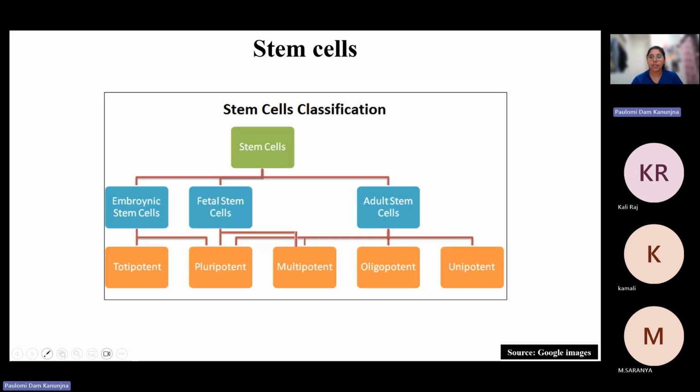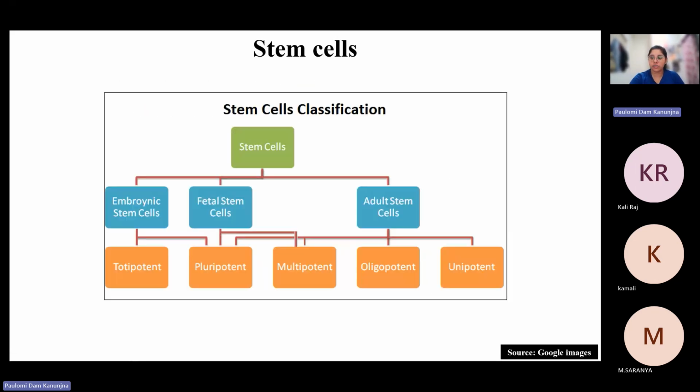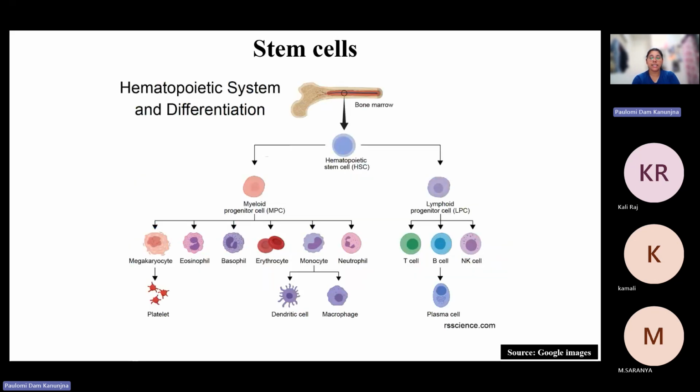Okay, now, like I said, an example of the multipotent cells. I told you two examples, hematopoietic and mesenchymal. One example I'm showing here, hematopoietic, is in bone marrow. You have hematopoietic stem cells giving rise to two types: first, myeloid progenitor cells, and lymphoid progenitor cells.